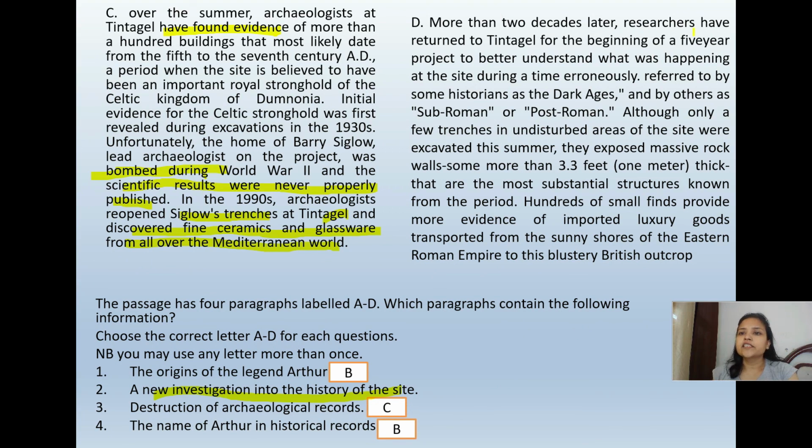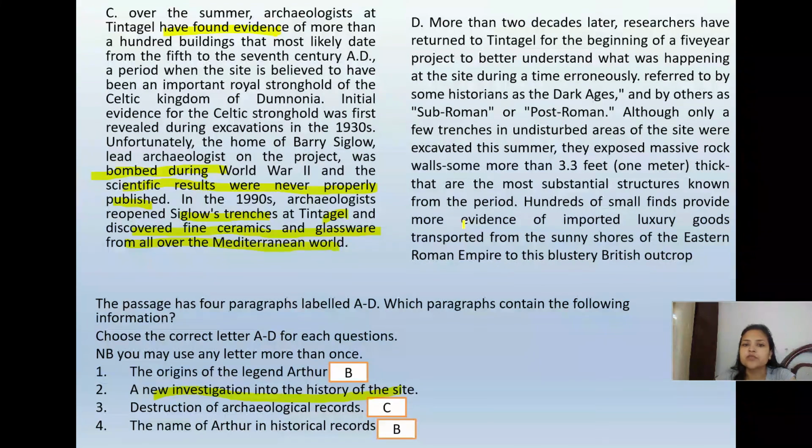More than two decades later, researchers have returned to Tintagel at the beginning of a five-year project to better understand what was happening during a time referred to by historians as the Dark Ages or by others as sub-Roman or post-Roman. Although only a few trenches in undisturbed areas were excavated this summer, they exposed massive rock walls, some more than 3.3 feet thick, that were the most substantial structures known from the period.